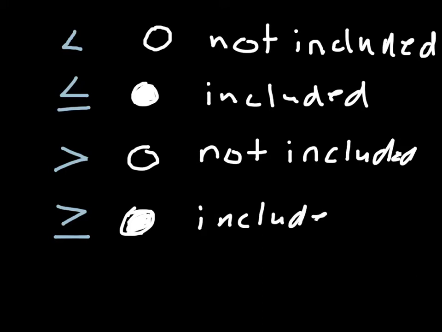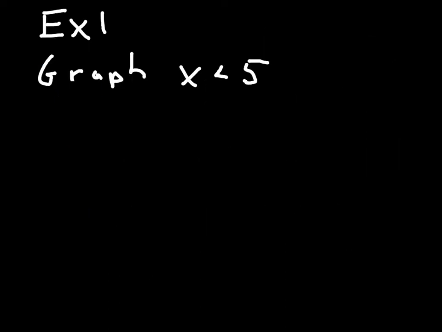So how do you know if you use an open circle or a closed circle? An open circle is used when you don't have the equal sign underneath the symbol. The closed circle is when you do have the equal sign underneath it. Some of you will remember that easily, and some may have to refer back to your notes, so make sure you have a good set of notes. All right, let's take a look at example 1.